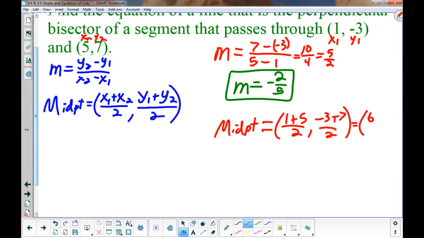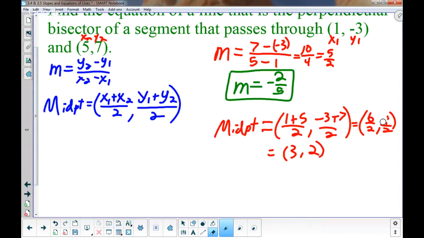And it ends up being 6 over 2, comma, 4 over 2. And if we reduce that, it's (3, 2). Fix that 4 up for you. So now I have my point at (3, 2), and I have my slope at -2/5.